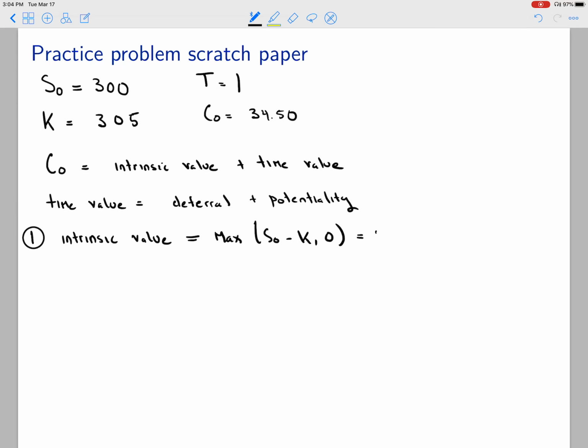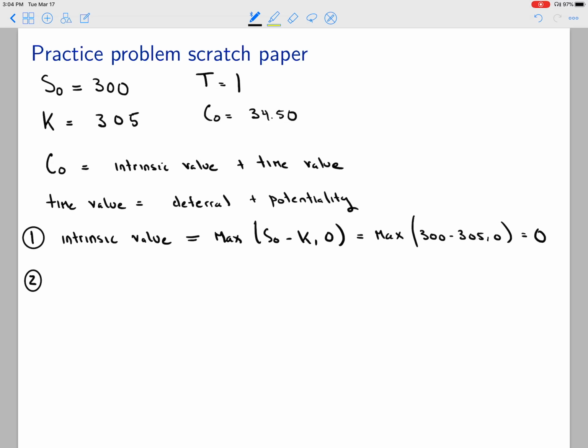Plug and chug: max of 300 minus 305, 0, which is just 0. So of the $34.50 call option premium, the intrinsic value makes up $0 of it.